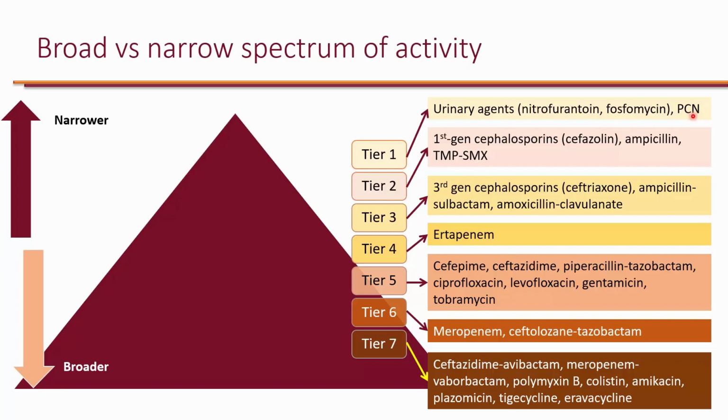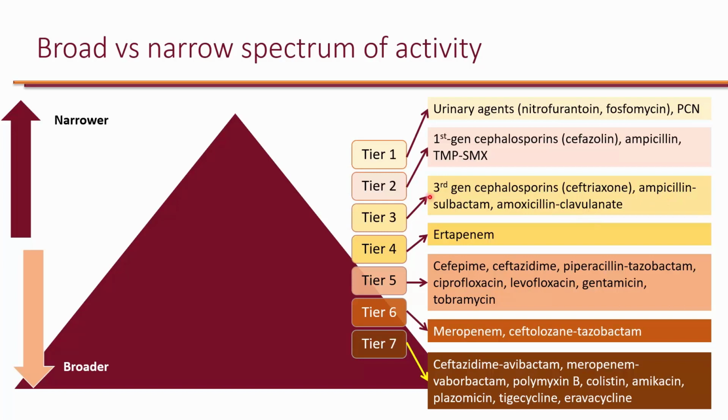Tier 2 includes first generation cephalosporins such as cefazolin. It also includes ampicillin and trimethoprim sulfamethoxazole or Bactrim. So tier 2 is more likely to cause collateral damage compared to tier 1. Now tier 3 includes third generation cephalosporins, ceftriaxone, as well as antibiotics that cover anaerobic organisms such as ampicillin-sulbactam and amoxicillin-clavulanic acid.